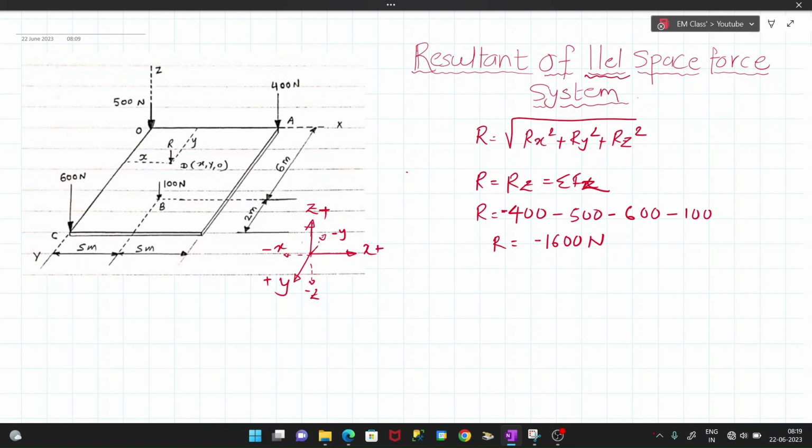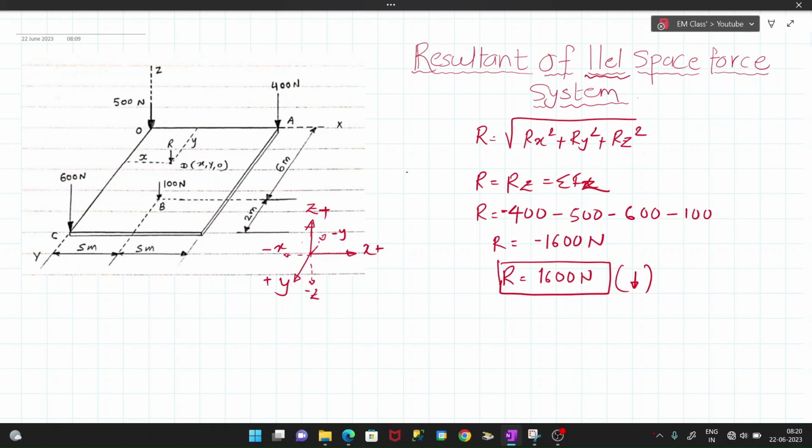Yes, it is. So R is equal to minus 1600 Newton, meaning R is 1600 Newton and it is going downward. So finding the resultant is a simple job in the case of a parallel force system.